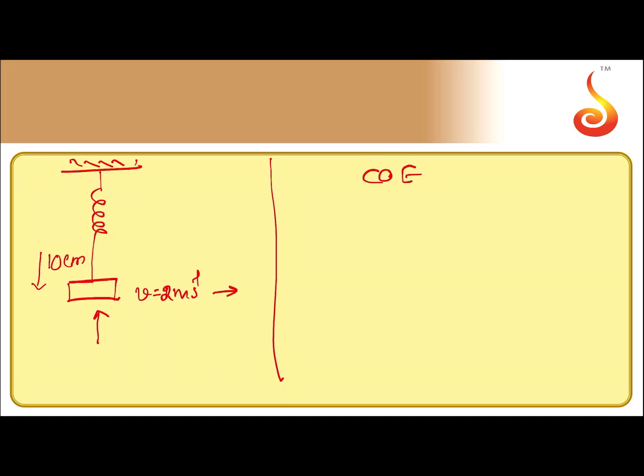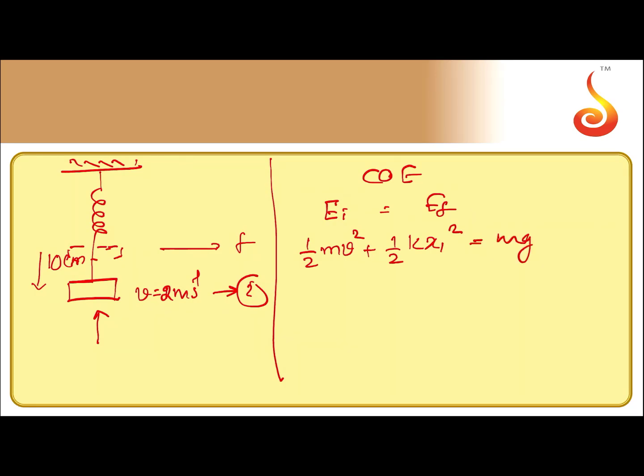Now, this is your initial position, isn't it? And it goes to this position, this is the final position. And so I'll write initial energy is equal to final energy. Initial energy is in the form of kinetic energy plus spring potential energy, that must be equal to gain in the gravitational potential energy, that's right.